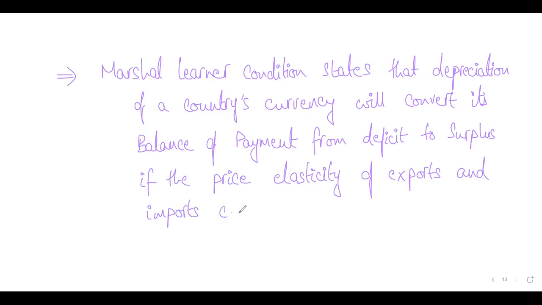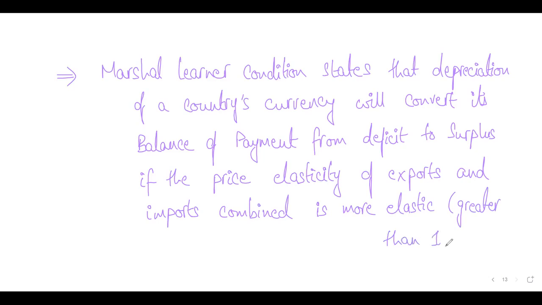So if the price elasticity of demand of a country's exports and imports combined is more elastic, only then the Marshall-Lerner condition would hold true. More elastic means greater than 1, right? So this is what the definition of the Marshall-Lerner condition is, greater than 1, right?